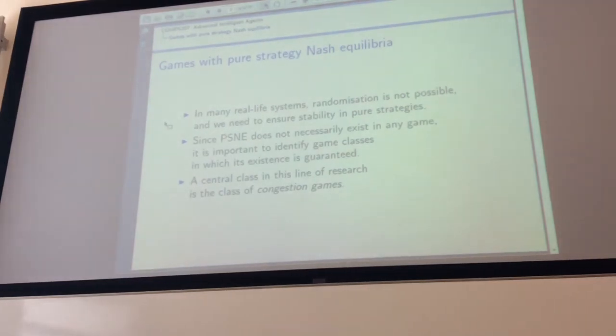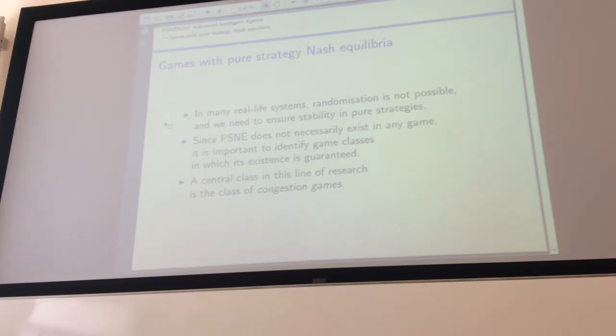Because in many situations where you have single shot games, not repeated games, it actually does not make physical sense to apply a mixed strategy, because the strategy that the agents would play in real life, in practice, would be pure. And you are interested in having some stable state of your system, right?